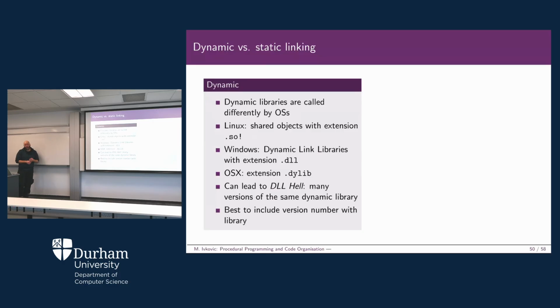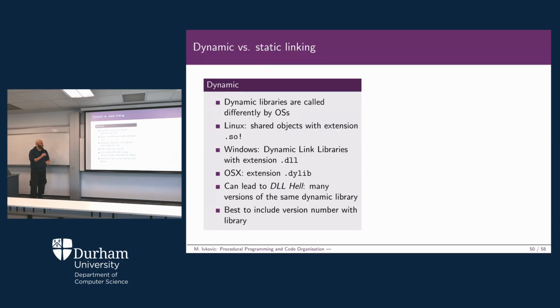Now, how do we actually link statically or dynamically? Well, dynamic libraries are called by different names on different operating systems. On Linux, we call them shared objects, with typically the extension .so. On Windows, they're called dynamic link libraries, with the extension DLL. On OS X, it's dylib.